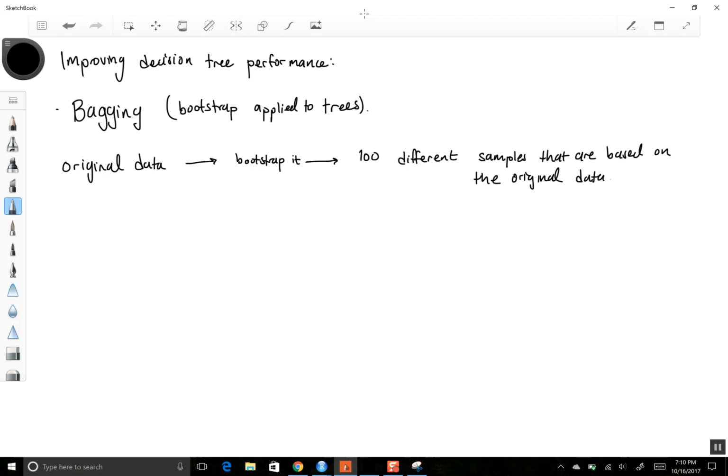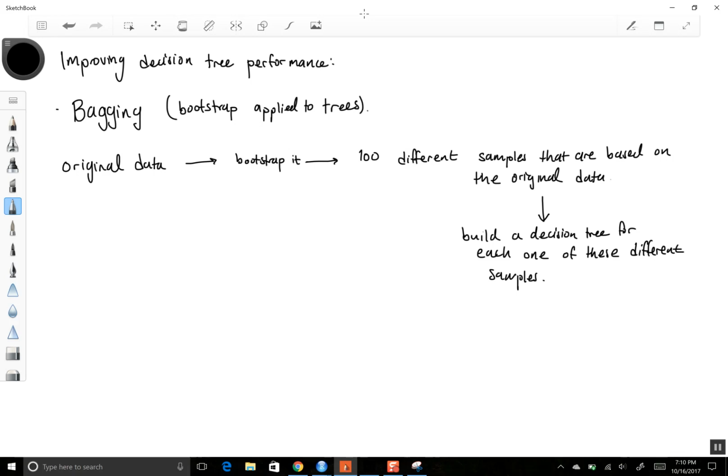Then for each one, you would build a decision tree. So now build a decision tree for each one of these different samples. So now you have 100 different decision trees.